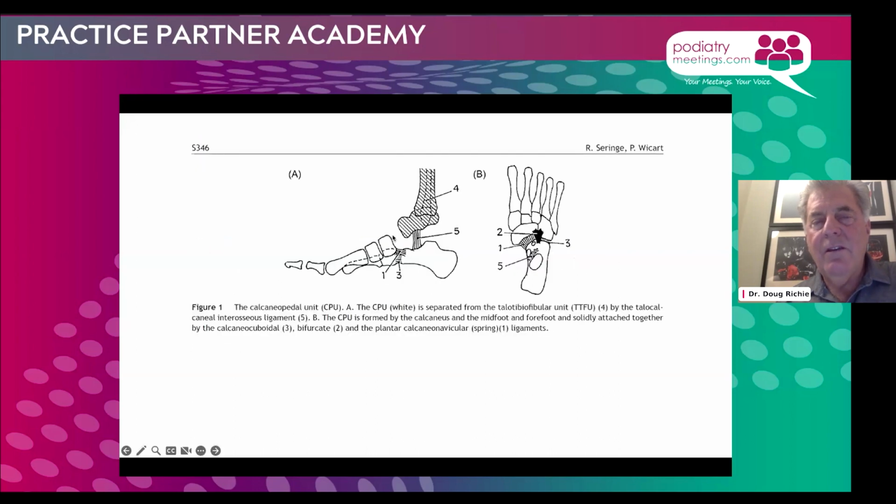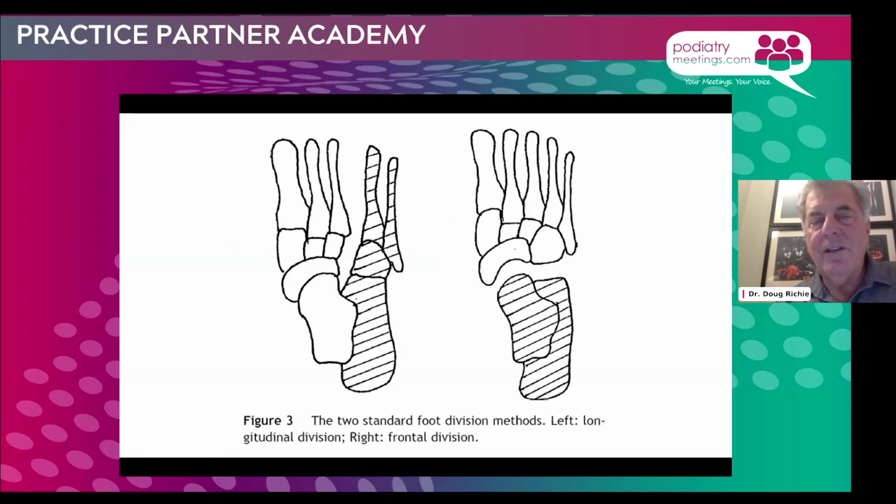This is the twisted plate segmentation, where the talus is considered part of the leg bones and the lamina pedis rotate beneath the talus independently. Much different than the segmentation we commonly look at with medial and lateral column or rear foot versus forefoot.